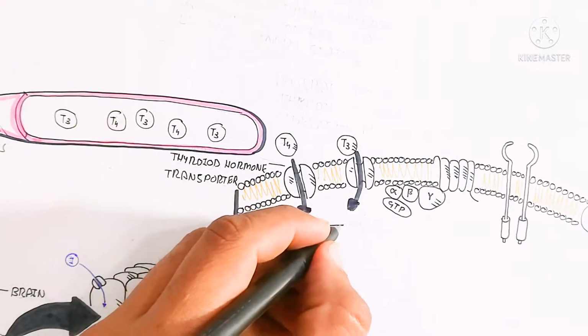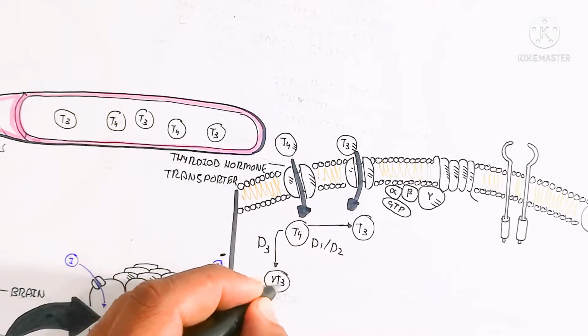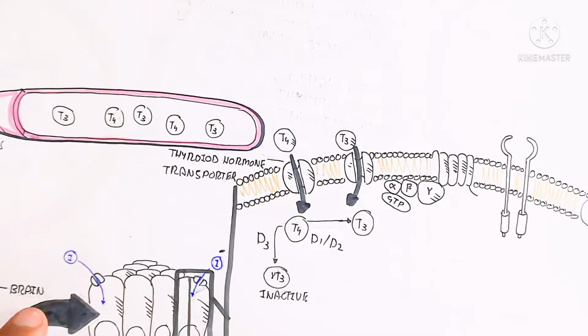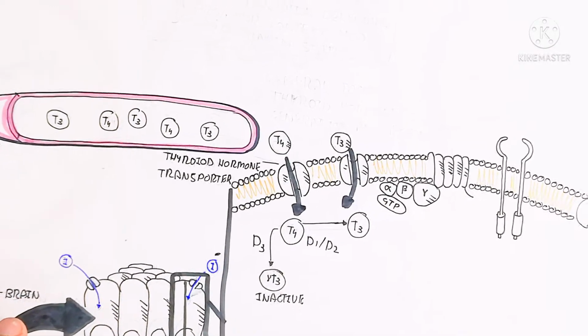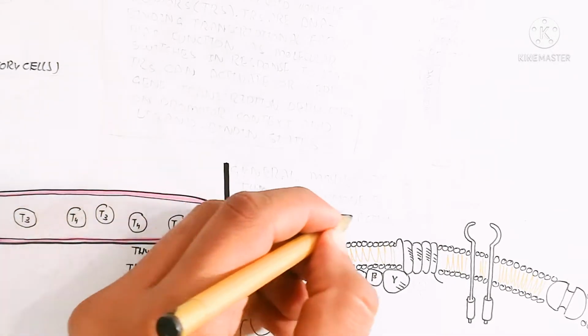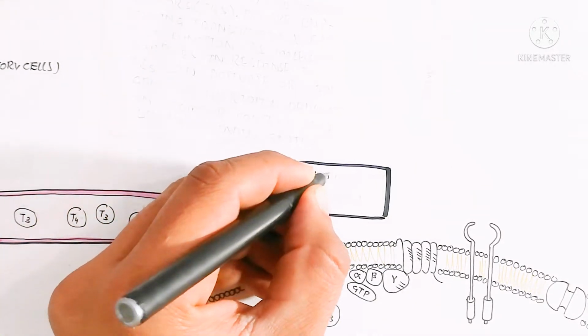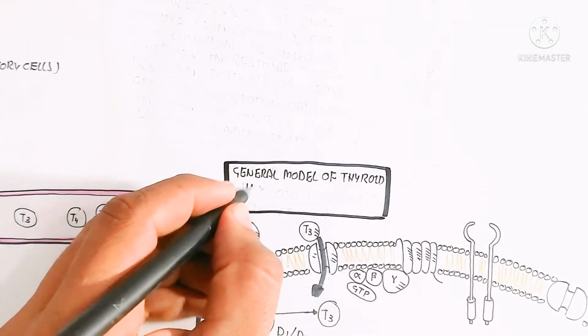When T4 moves inside, the diiodinase enzyme will convert T4 into T3, and D3 is the enzyme used for producing the inactive reverse T3. So this is the general model of thyroid hormone generation and action that we discussed here.